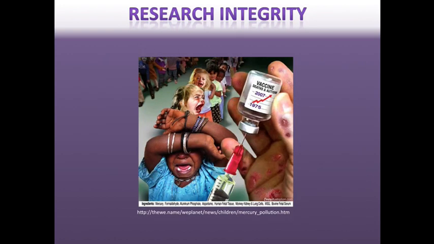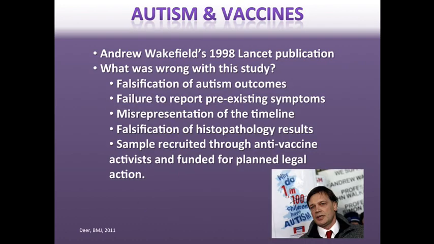So the example here I'm going to talk about is the supposed connection between vaccine and autism. And this photo is of crying children and the clinician with sores all over their hand, putting together a vaccine to inject those poor screaming children with. And this is really an idea and a concern that came out of Andrew Wakefield's 1998 Lancet study.